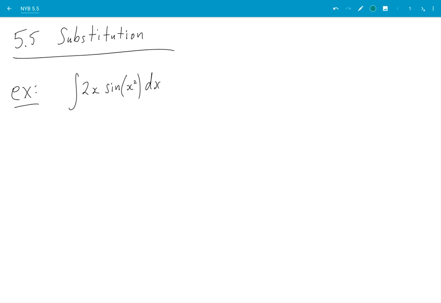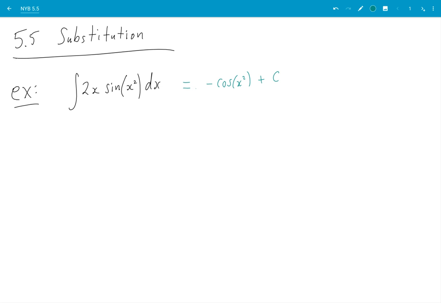Honky donkey substitution. So what are we doing here? We are essentially reversing chain rule. Those of you who are sharp with chain rule will recognize maybe right off the bat that this is going to be negative cosine x squared plus c.